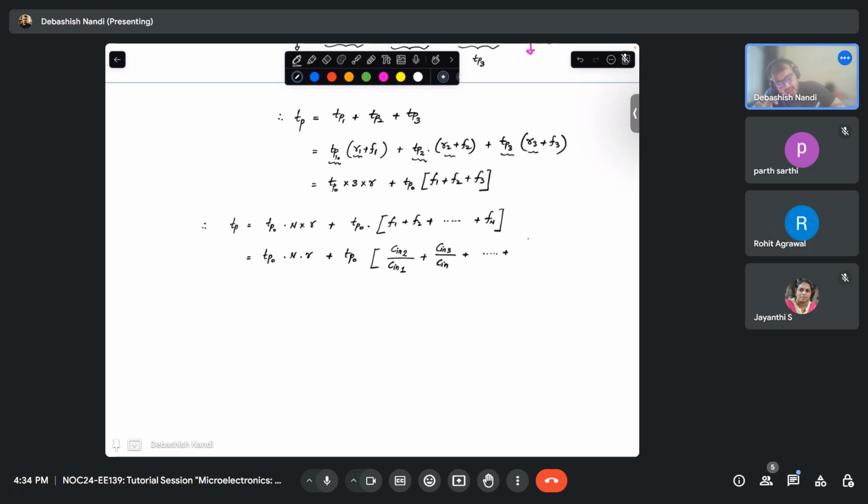Similarly, let's say I have an intermediate stage, where C in J by C in J minus 1, plus C in J plus 1 by C in J for the Jth stage, and so on till the nth stage. I need to minimize this with respect to C in J. So C in J comes into only two terms.